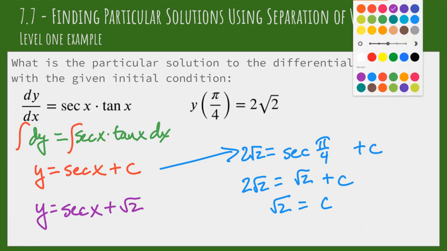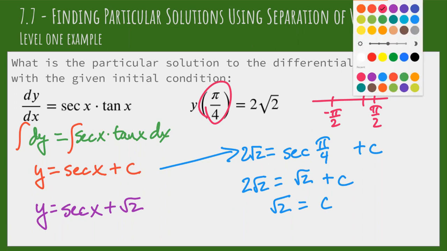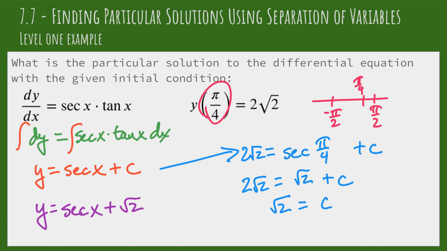And so if we have discontinuities every pi, starting at pi over 2, and the initial condition is pi over 4, which is right here, then the only part of our solution that is valid is the part between negative pi over 2 and pi over 2.